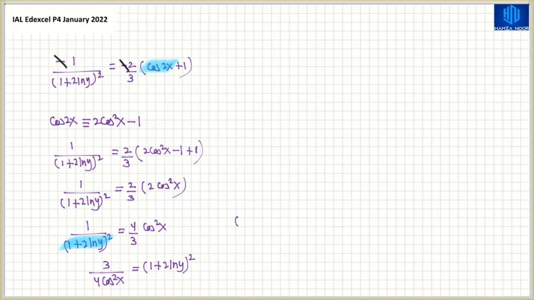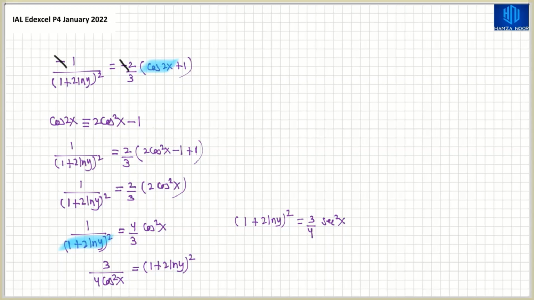So therefore (1 plus 2 ln y) whole squared is equals to 3 over 4 completely multiplied by sec square x. So now in the next step, we need to take a square root on both sides. And before doing that, I would like to explain a little bit technical thing.